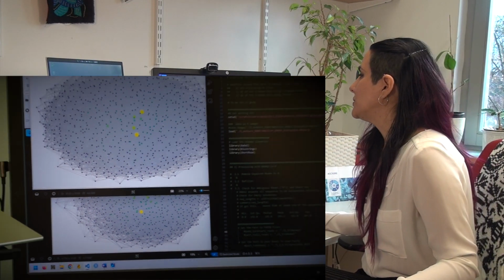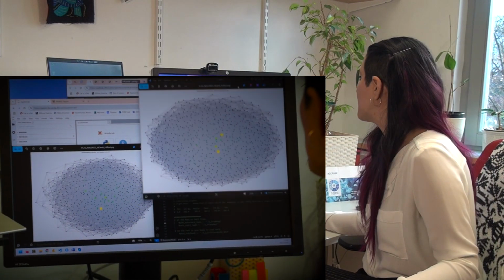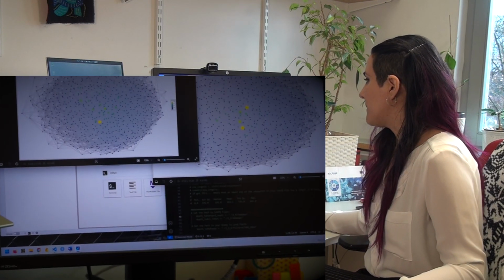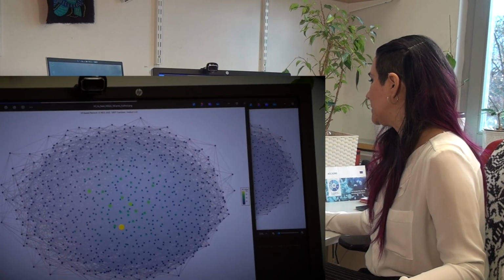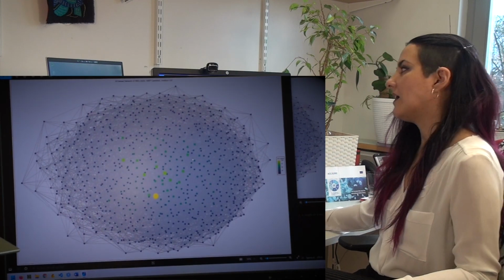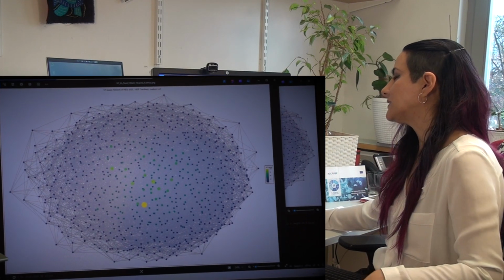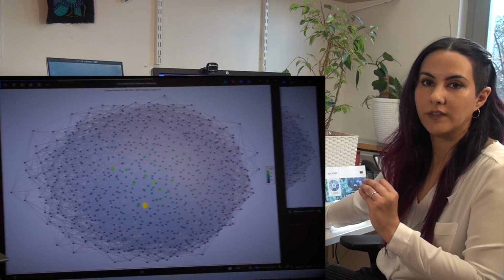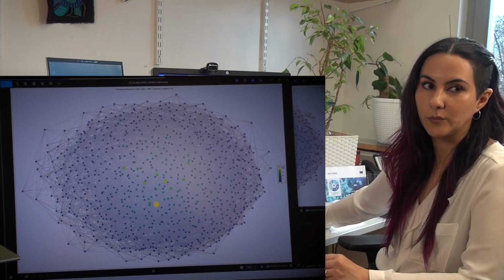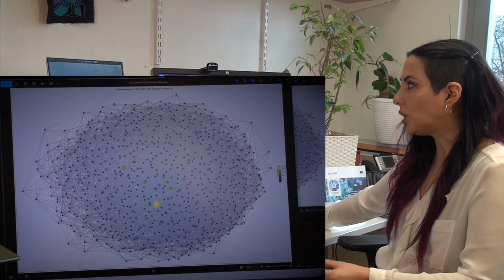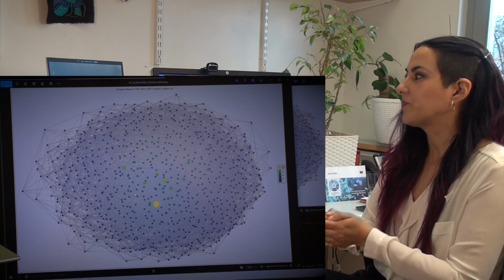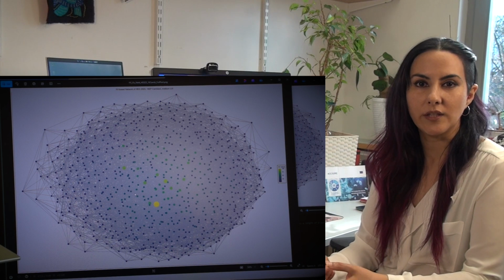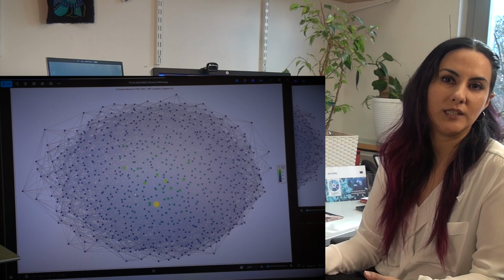So I need to do several analyses to rank the importance of them in the community. For example, here I have a network that represents the influence of each of the components of the microbial community. And then the colors represent the weight of the influence that this taxon has in the community.